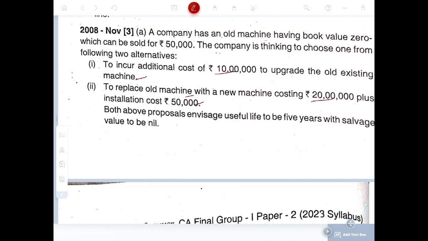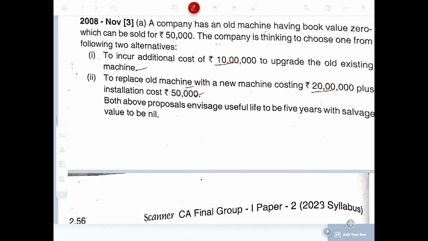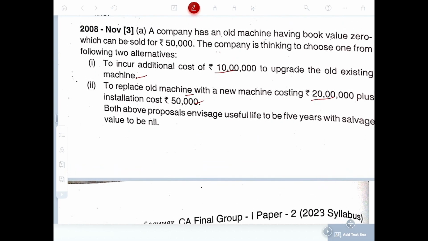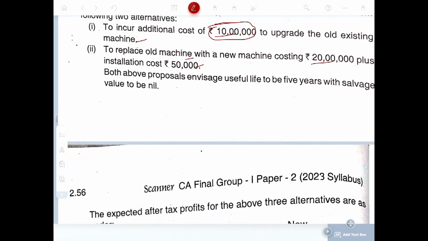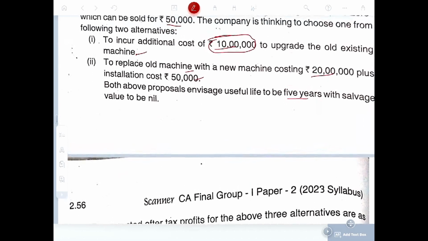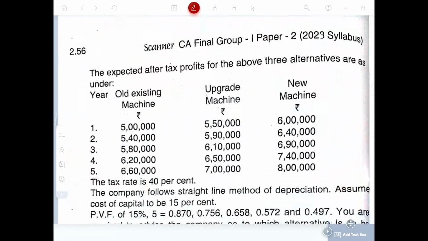Initial cost 10 lakhs. Initial cost to replace the old machine 20 lakhs, but we have a receipt of 50,000. Useful life 5 years, salvage nil. What is the rate of return?